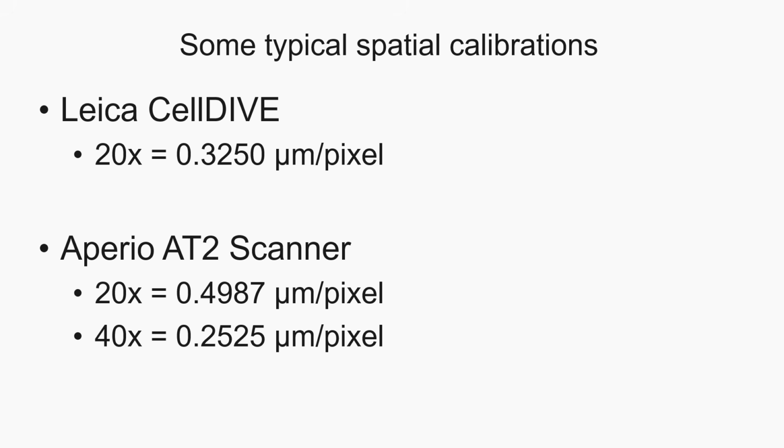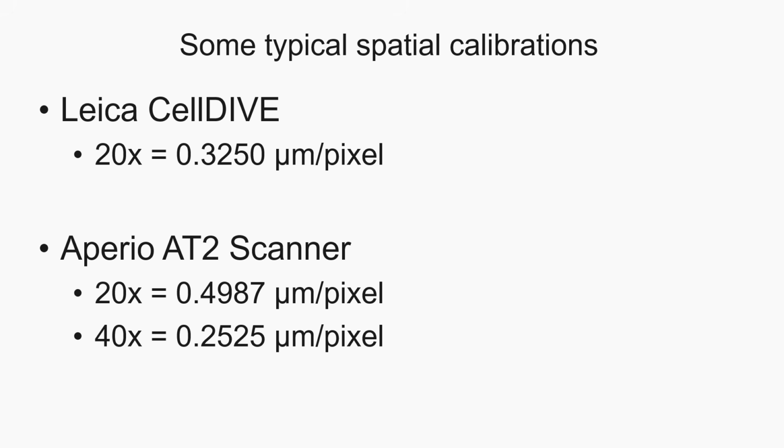On the bright field scanner, with 20 times magnification, this produces a pixel of 0.4987 micrometers. And when we go to 40 times magnification, it comes to 0.2525 micrometers per pixel.